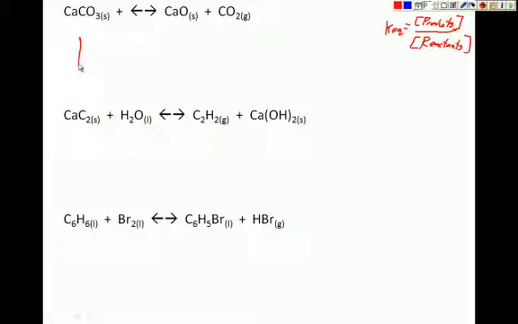Now, what is our Keq going to equal? Well, concentration of our products divided by concentration of our reactants. However, what we see here is that one of the products happens to be a solid, and the reactant also happens to be a solid, and this one happens to be a gas.